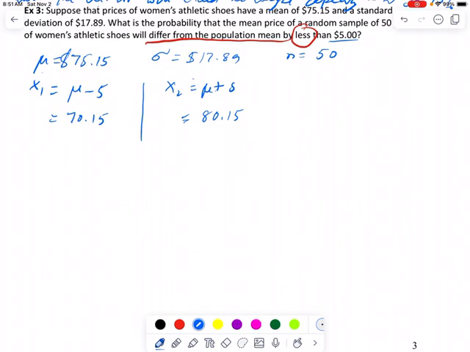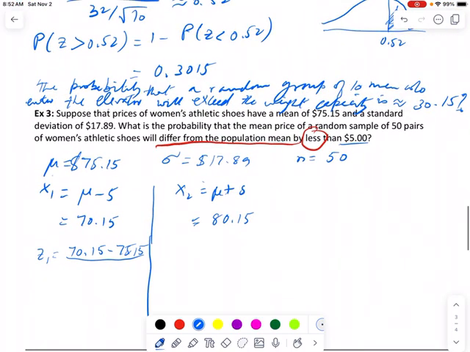So we can call this z1. So z1 is equal to 70.15 minus 75.15, whole divided by sigma, which is 17.89 divided by square root of 50. And I keep it in parentheses because that's how we will plug it in our calculator.